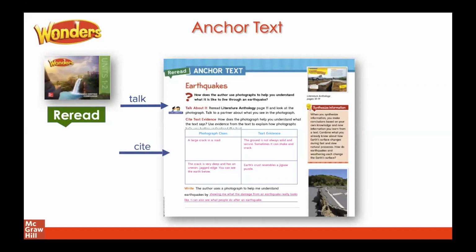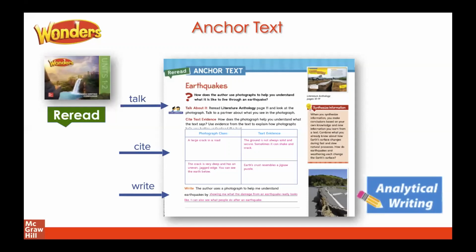They're able to gather their evidence in a graphic organizer structure, and then utilize that evidence in a written response that does have a sentence starter to get them going with what would be an appropriate way to respond to that prompt. So again, this is another way where we can start to take what we were doing within that shared read and apply it into this responding to text, this analytical writing.